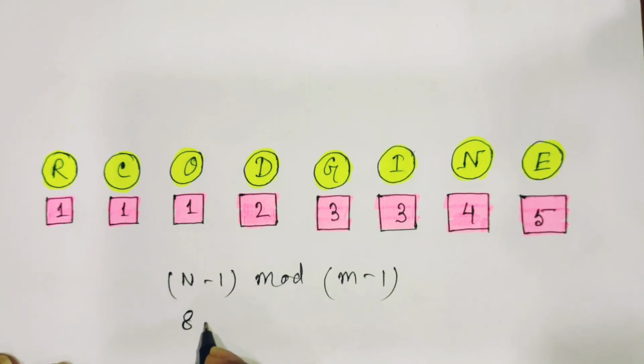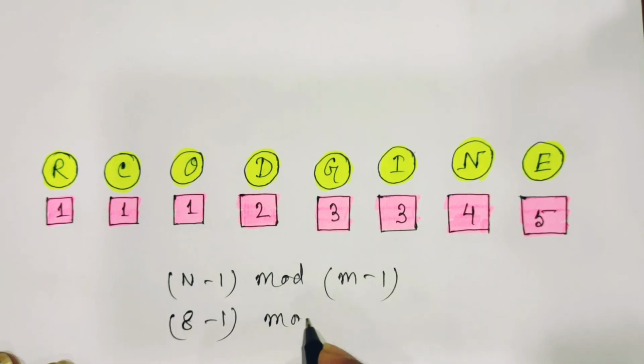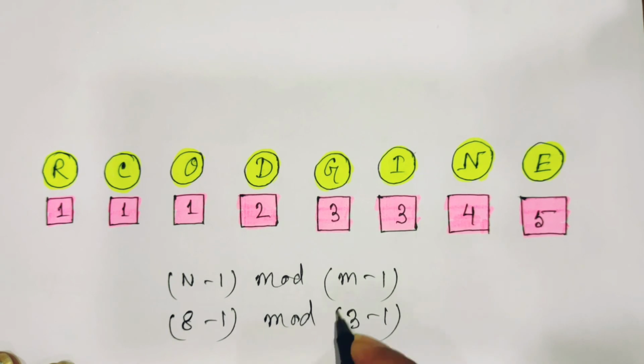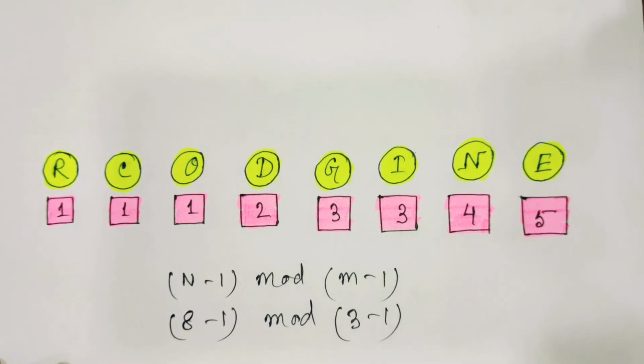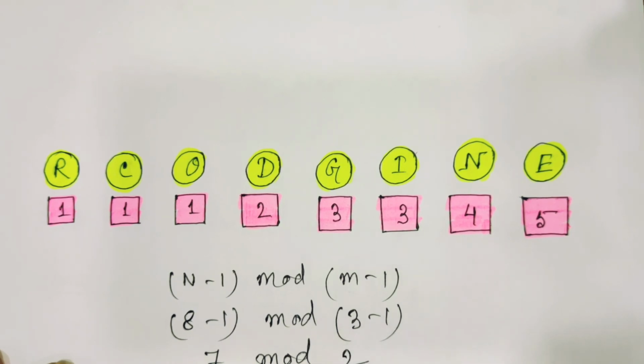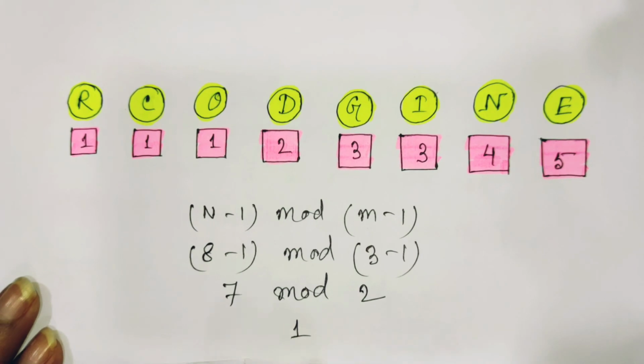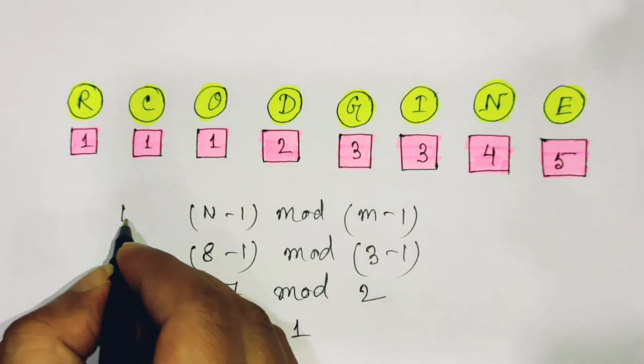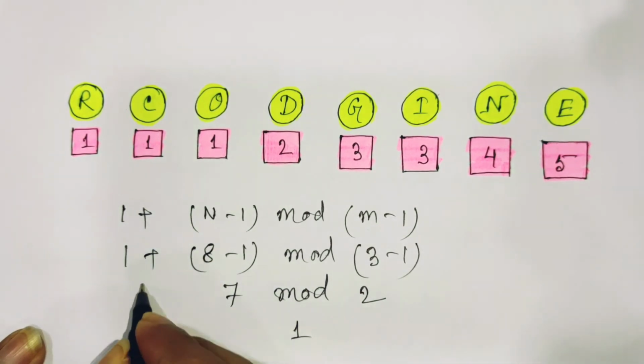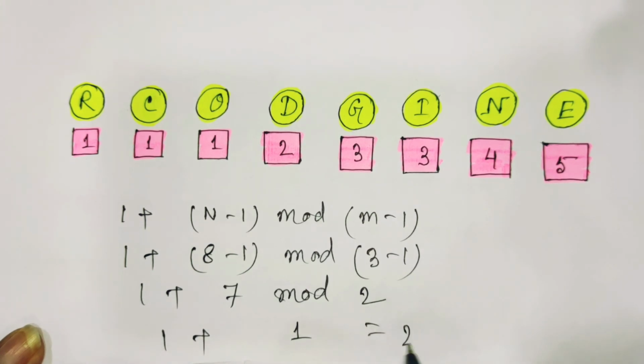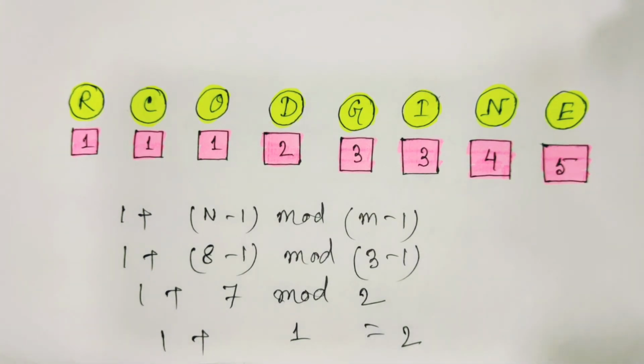So it is 8 minus 1, mod 3 minus 1, because we are going to make it 3-ary. So now this means 7 mod 2. Its remainder is 1. So the formula gives 1 plus 1, which is a total of 2. So initially we start with 2 nodes.